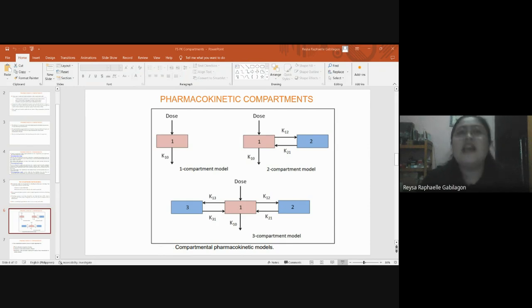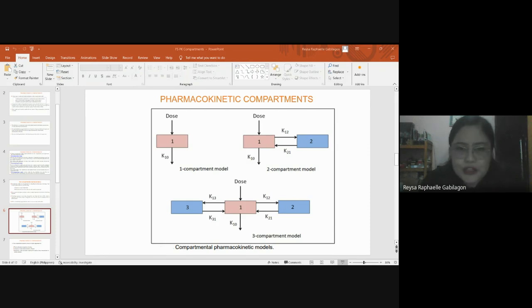As you can see, the elimination for the 1, 2, and 3 compartment models takes place in the central compartment. If the elimination of the drug does not happen in the central compartment, that's the time we need to use non-compartmental pharmacokinetics.